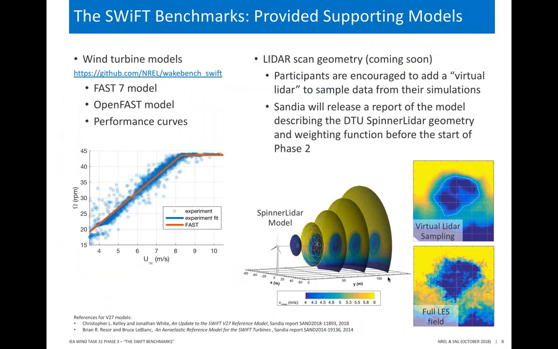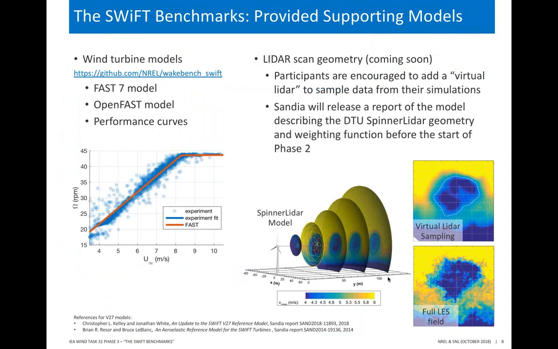We have a FAST7 model that Sandia has put together that's ready for release, and also an OpenFAST model, which is the current version of FAST, similar to FAST version 8. We're also providing performance curves, in case you're using a lower-fidelity model and don't necessarily have a complex wind turbine model that you can use for your simulation tool.